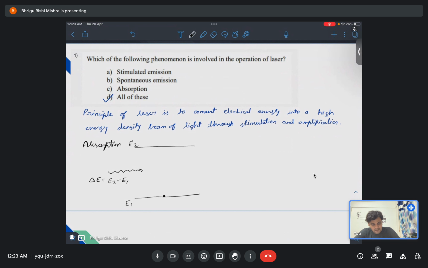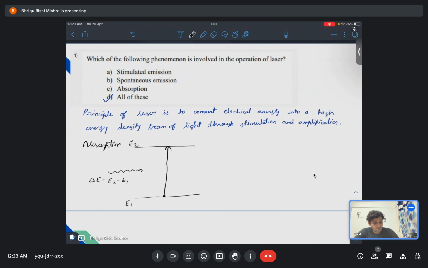This photon energy is absorbed by this electron or atom at this state, and this excites the atom to the next, higher level, E2.